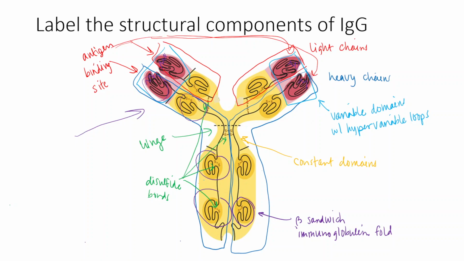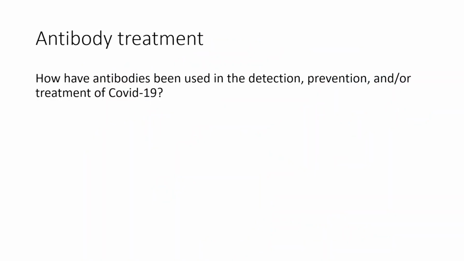Cool. So let's start talking about antibodies. How have antibodies been used in the detection, prevention, and or treatment of COVID-19? Anybody can shout out if they think of anything.